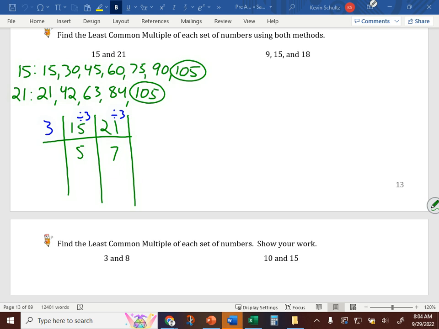So now we make the L. We multiply everything together. And 3 times 5 times 7, spoiler alert, is 105. 105.